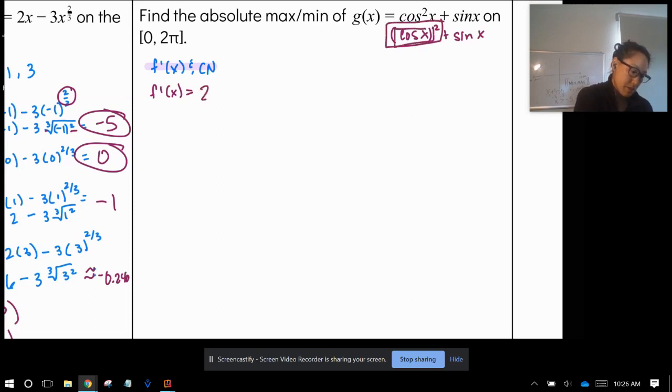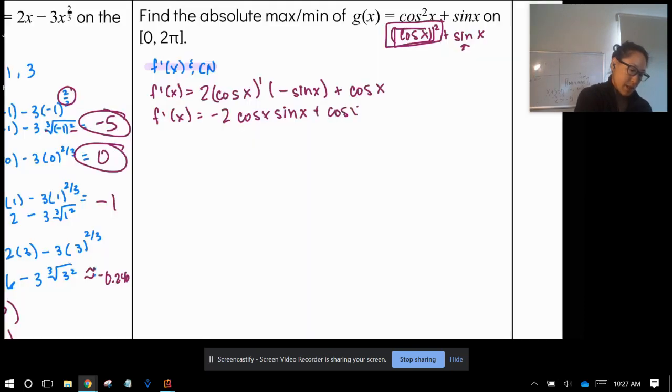So I do 2 times the inside, which is cosine x, and then the power reduces to a 1, times the derivative of cosine, which is negative sine of x, plus the derivative of sine, which would be cosine x. All right. And I will just make this prettier. So -2 cosine x sine x plus cosine x.